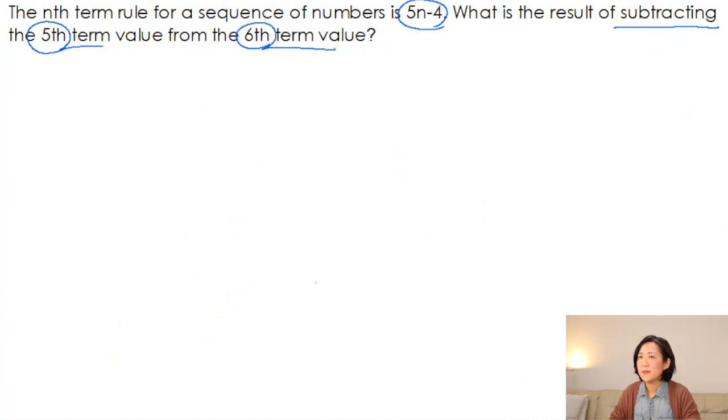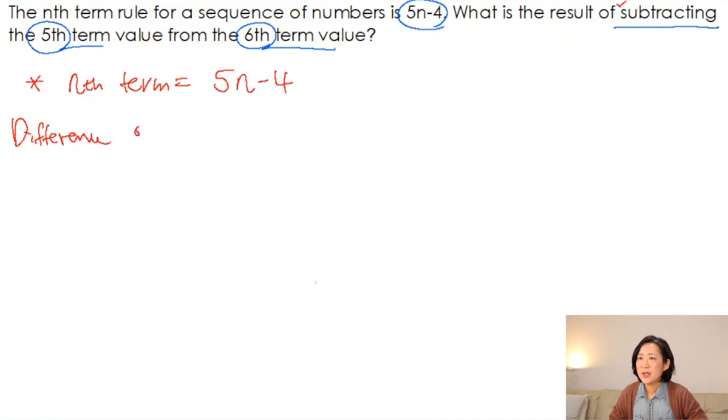That means we need to figure out the fifth term. So now we need to focus on our formula, right? The nth term is already given. Then we need to find the difference between the fifth term and sixth term. So this question is quite simple. All we need to do is find the fifth number and then the sixth number and take away, right?